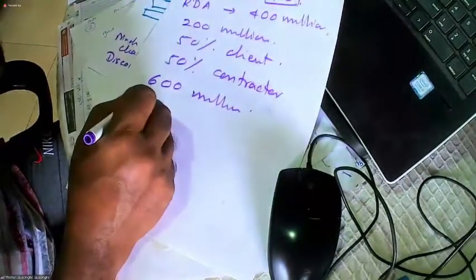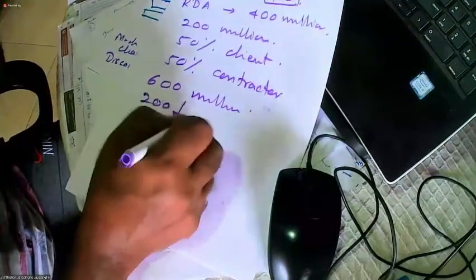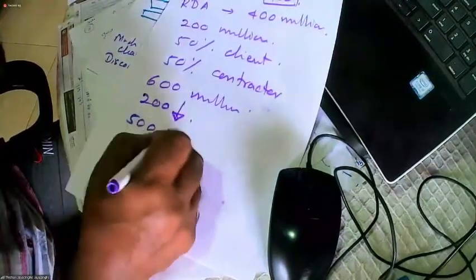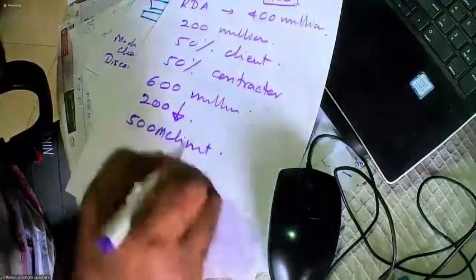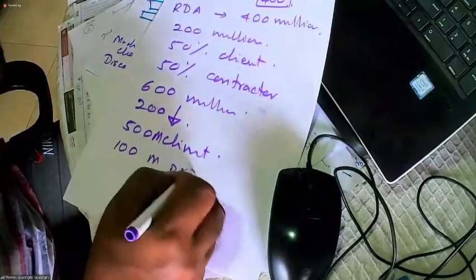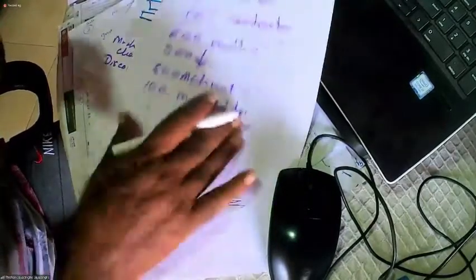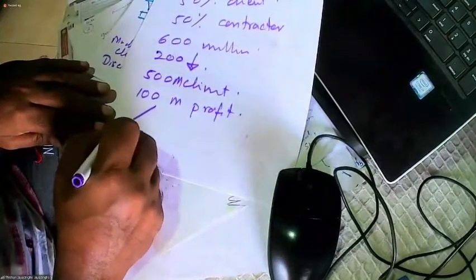Now the contractor will reduce it by 200 million. So the client's cost is 500 million. Contractor gets 100 million profit. Out of that 100 million, contractor will keep 80 million.